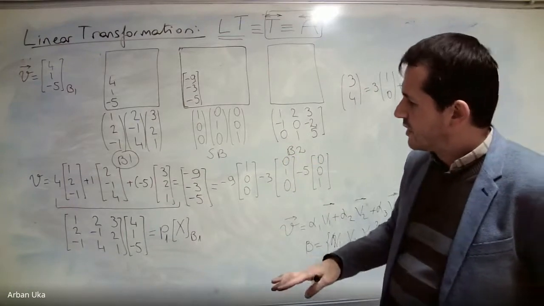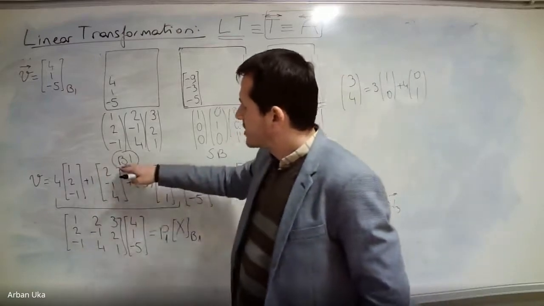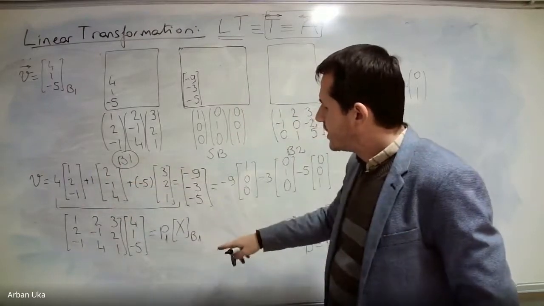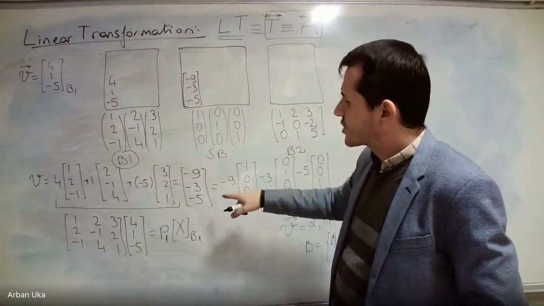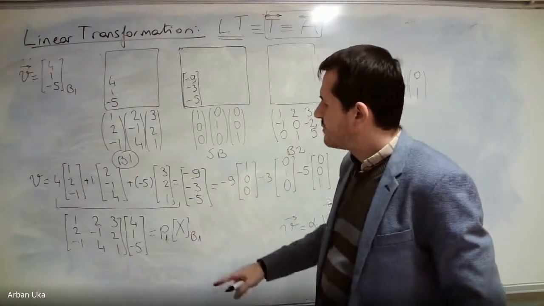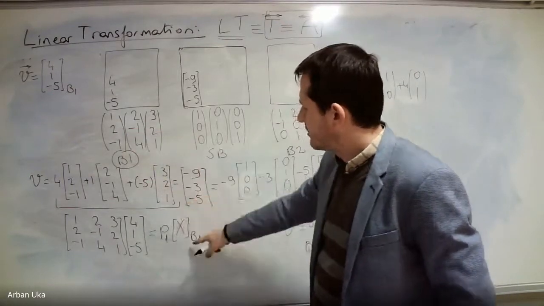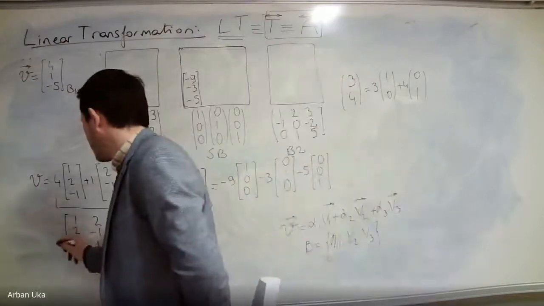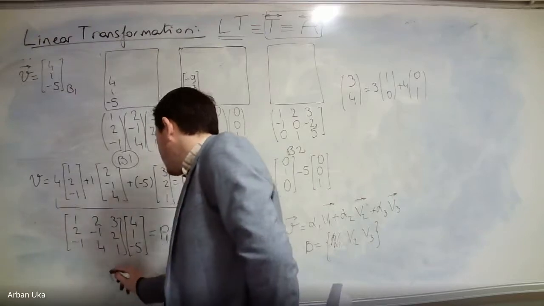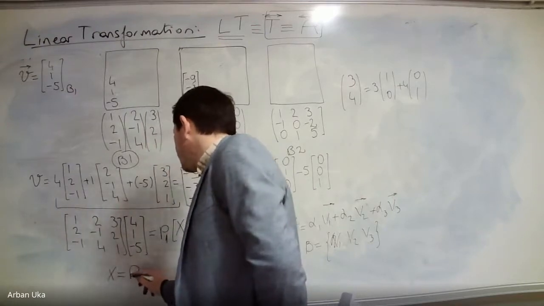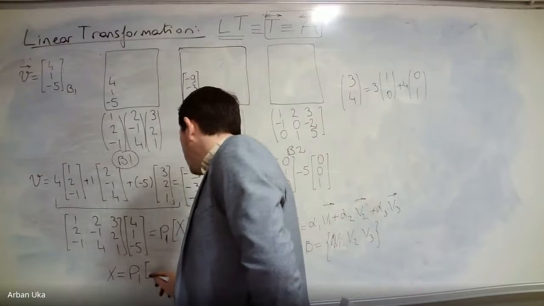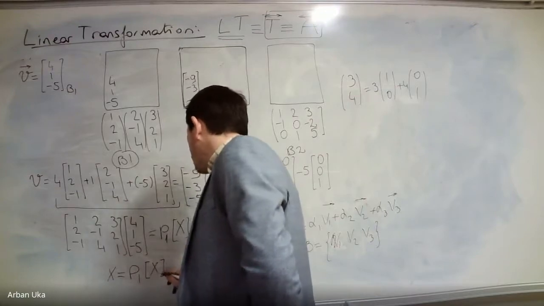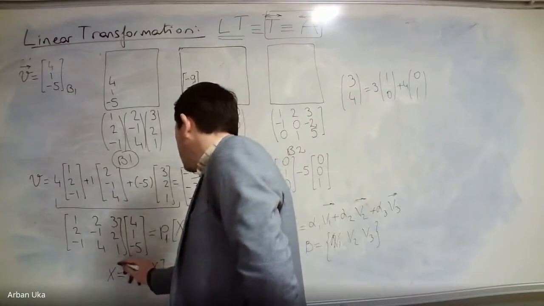So in principle, if we are on basis B1, we can find the projection on the standard basis by multiplying this matrix by the projection here. So apparently, this is what we get here. We see that any vector x would be equal to P1 times the coordinates of x onto the basis B1.